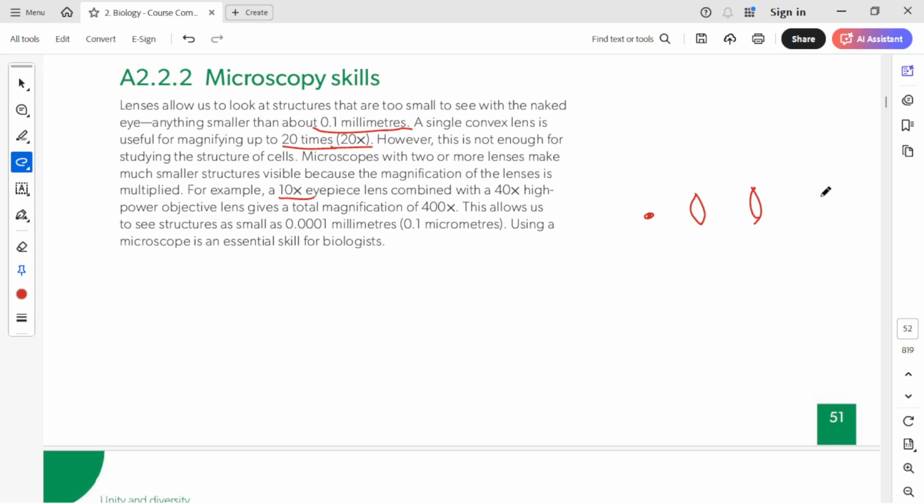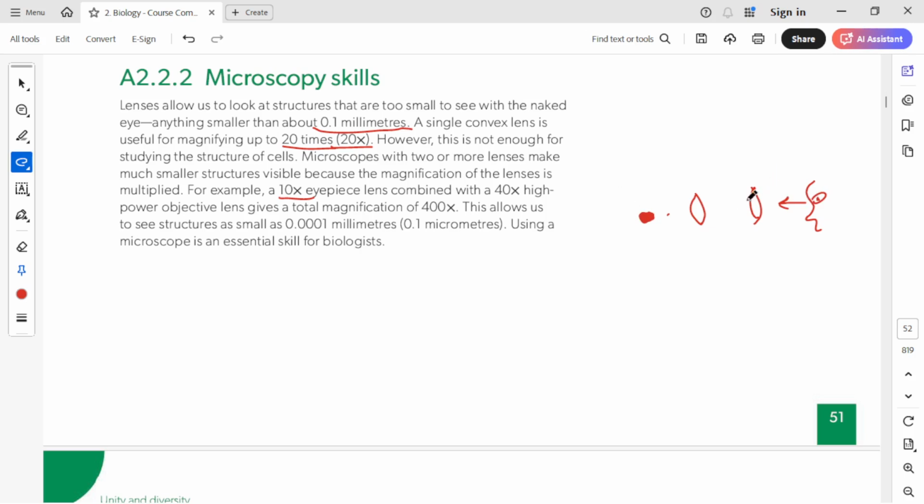If you see from here, both these lenses' magnification will get multiplied and you will see a bigger size of this particular thing. So a very small thing can be seen in a bigger size.